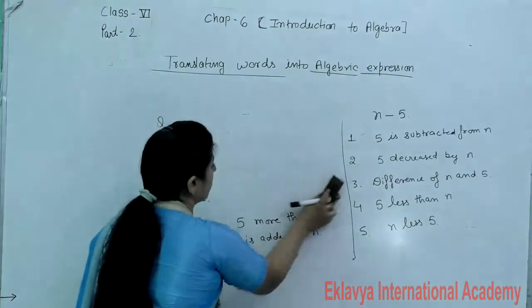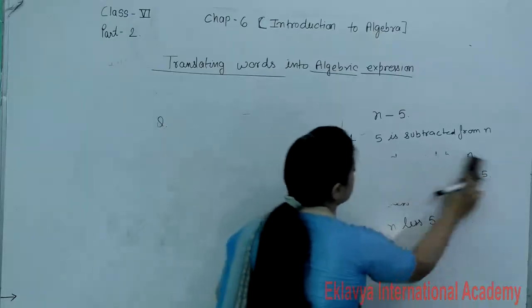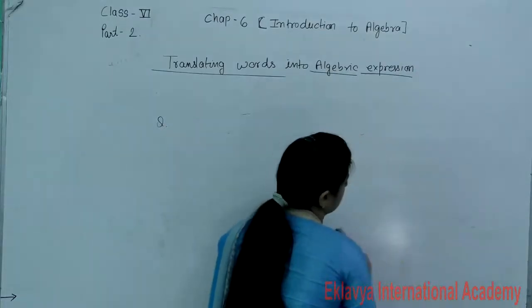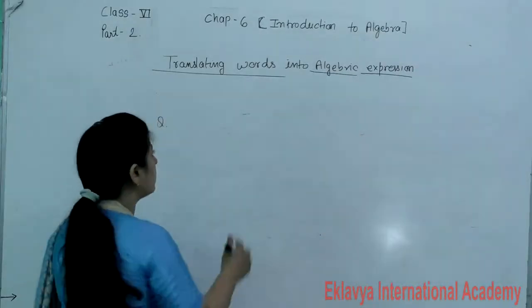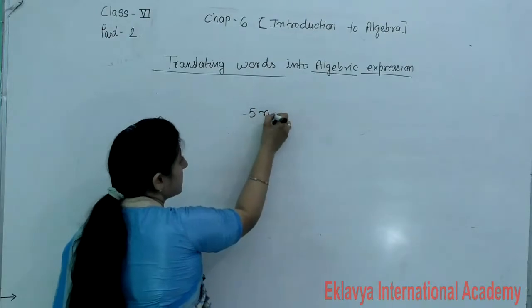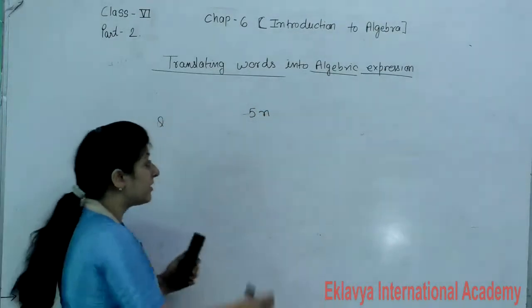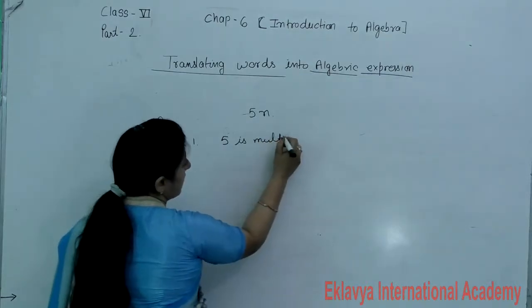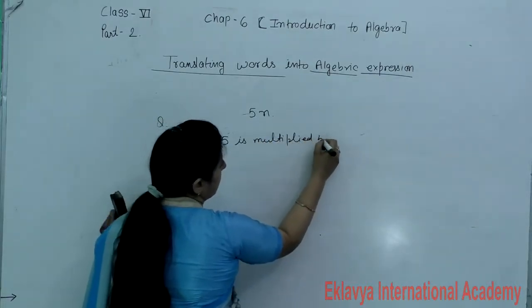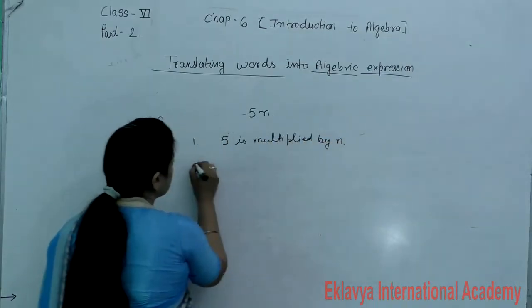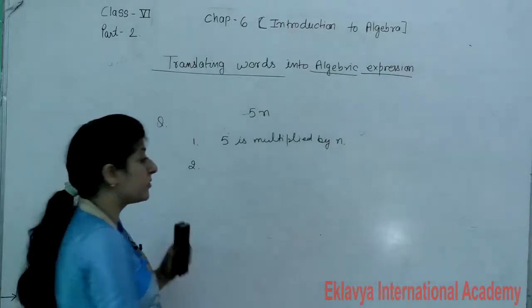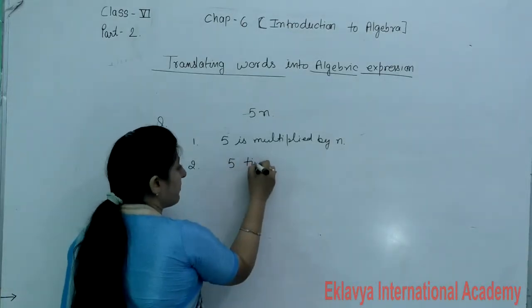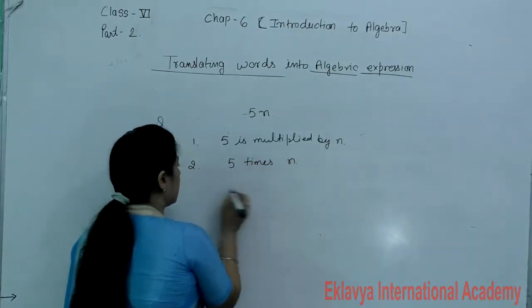Now see multiplication and division. Suppose I write down 5n. First, we can say 5 is multiplied by n. Second, 5 times n.